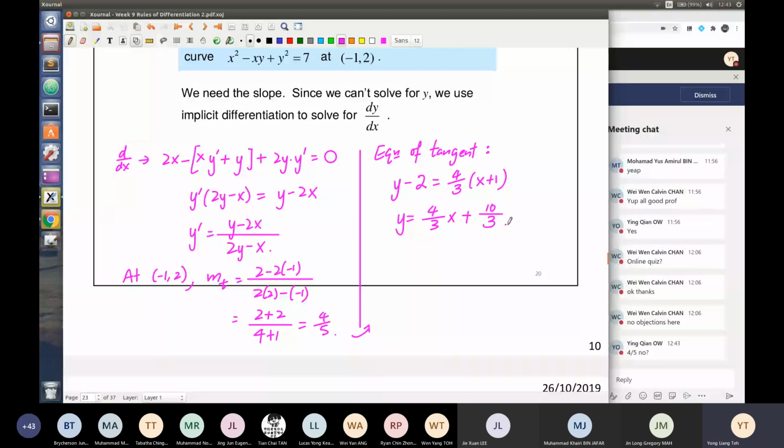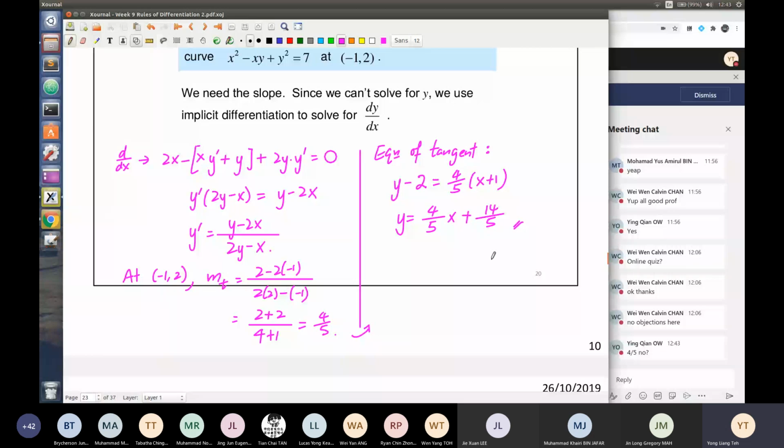Oh yeah, sorry, thanks, Ying Chen. It is 4/5. I put 4 third here, obviously I'm wrong. Okay, 4/5, my fault. So this is 4/5 plus 2, so it's actually 14 over 5. That's the equation of the tangent.